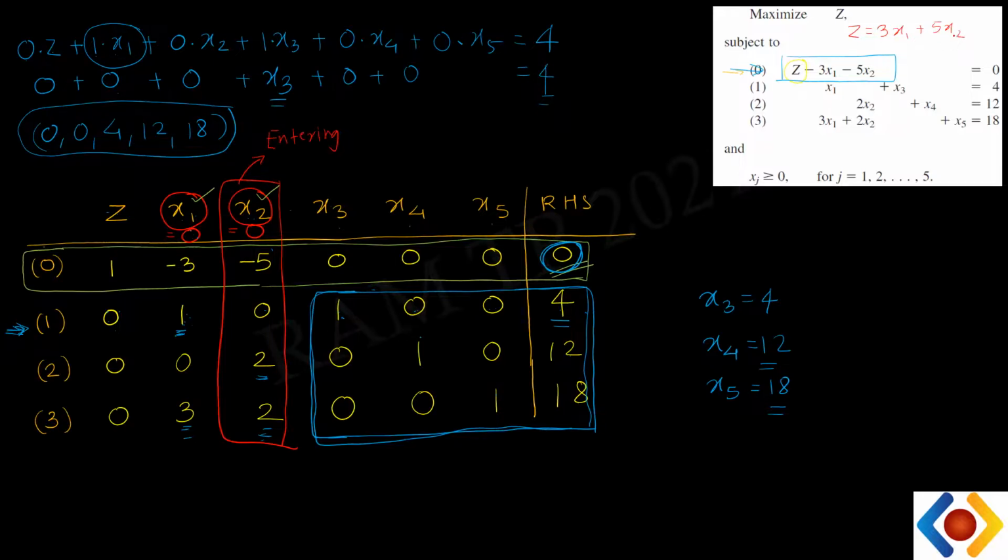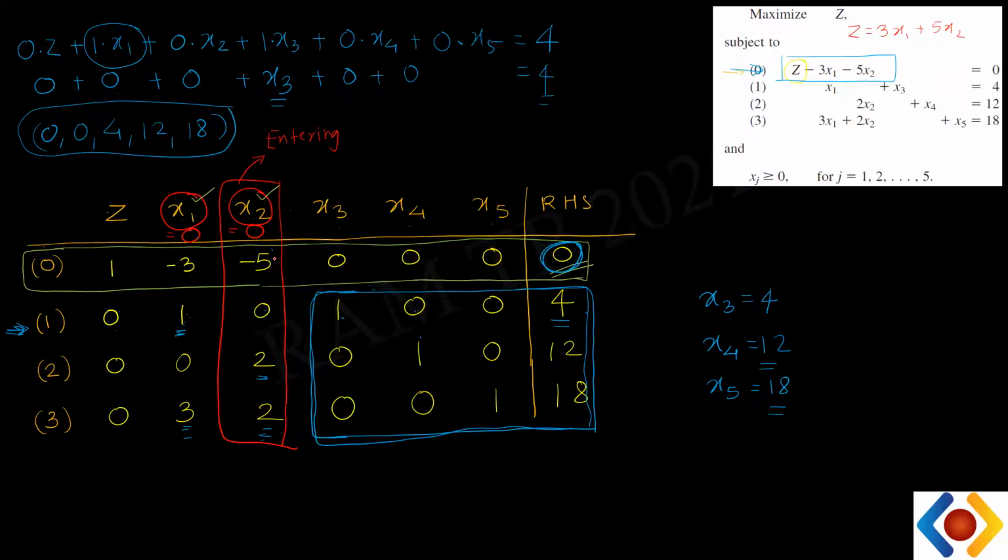If I take one batch of x2, my profit will go up by 5. But if I take one batch of x1, profit will go up by 3. Because we modified the equation, now we are getting -3 and -5. Keeping those signs aside for the time being, look at their absolute values. Which number is bigger? 5 is bigger. So I'm selecting x2.